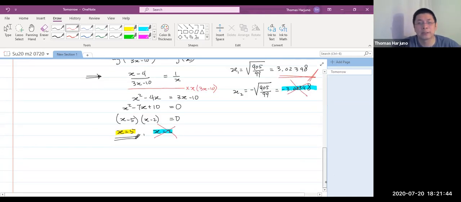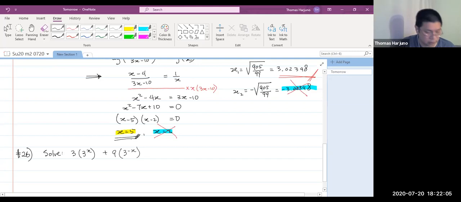Number 26. We have 3 times 3 to the x plus 9 times 3 to the negative x equals 28.